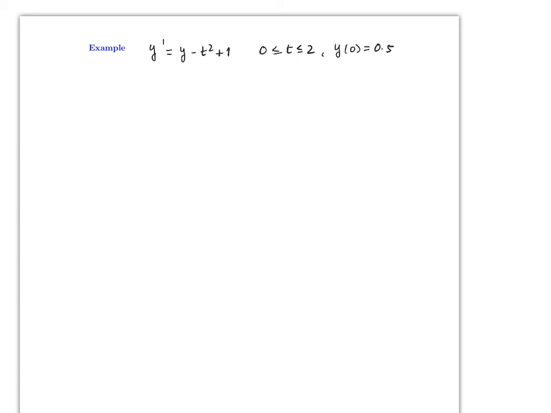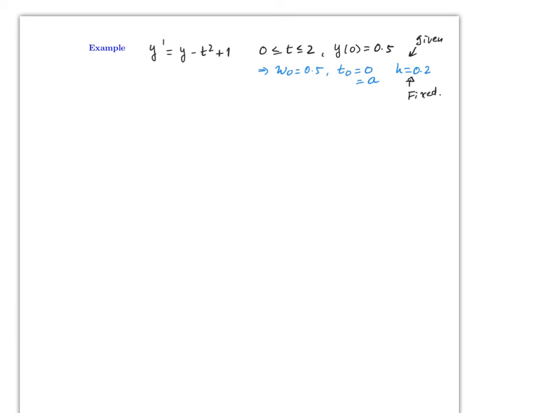Here clearly we have that w0 is equal to 0.5. t0 is equal to 0, which is technically just the value for a. And let's say that h is equal to 0.2. So this has to be given, and remember once it's given, this value is fixed.